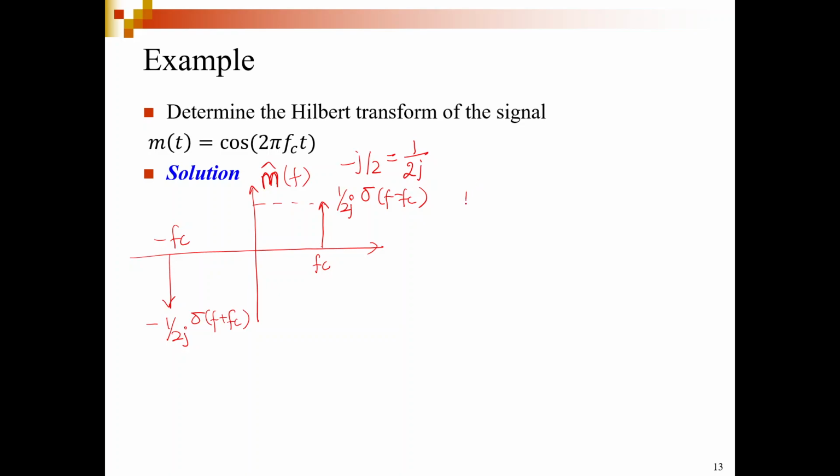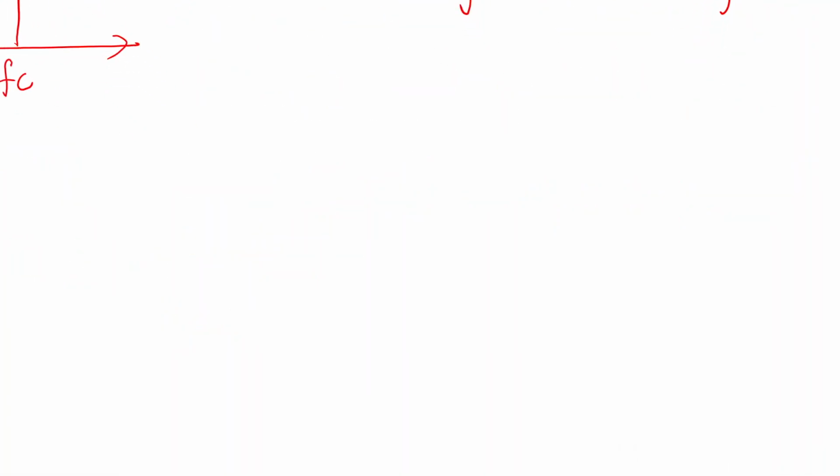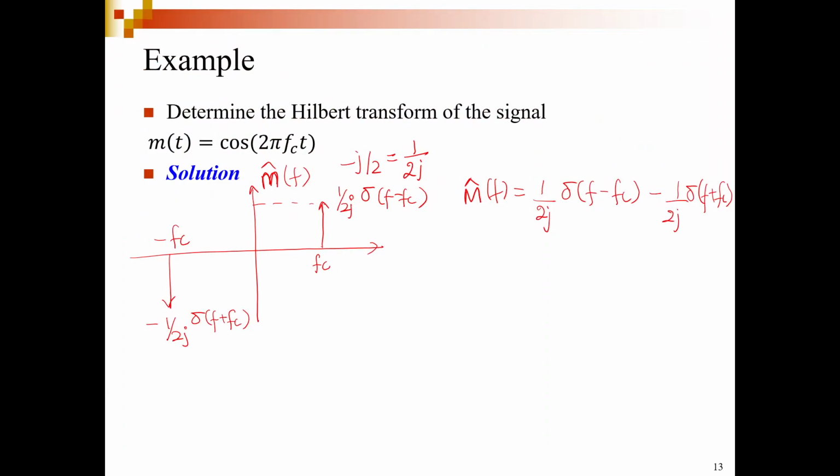Therefore m cap of f is written as 1 by 2j into delta of f minus fc minus 1 by 2j into delta of f plus fc. This is the spectral component, which in turn can be written, by taking a common factor, as 1 over 2j into delta of f minus fc minus delta of f plus fc.